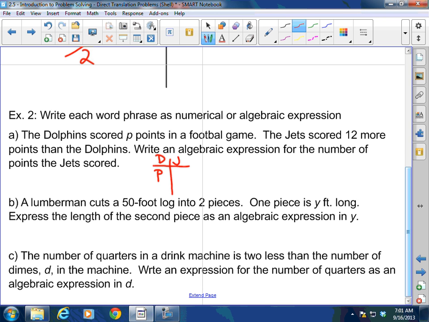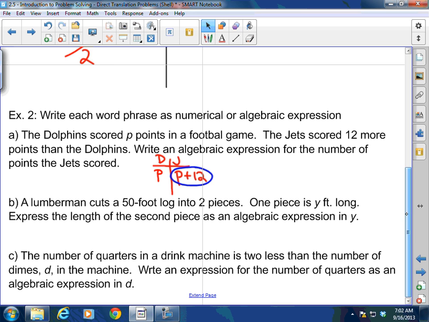Well, if the Dolphins scored P and the Jets scored 12 more than the Dolphins, didn't the Jets score P plus 12? That's what we're looking for. That's the expression. This is going to help you significantly just in a few minutes when we're actually doing word problems that deal with comparisons.